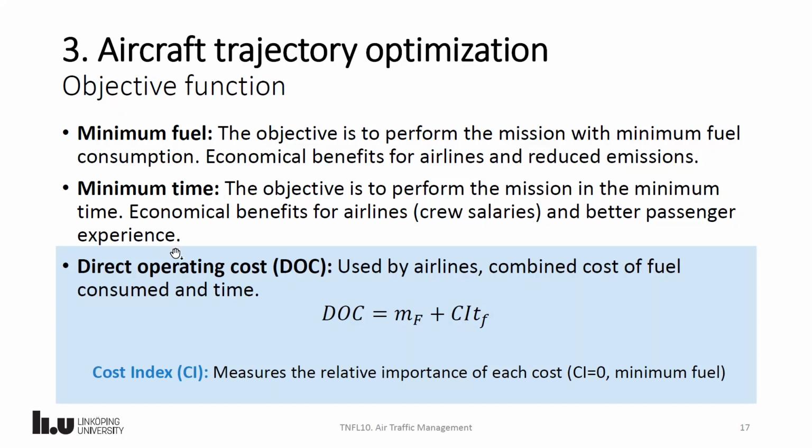The other one could be the minimum time. The objective is to perform the mission in the minimum time possible. It has also economical benefits for the airlines, for example, in the crew salaries, if they have to pay people less for being less time in the air, that's an economical advantage.